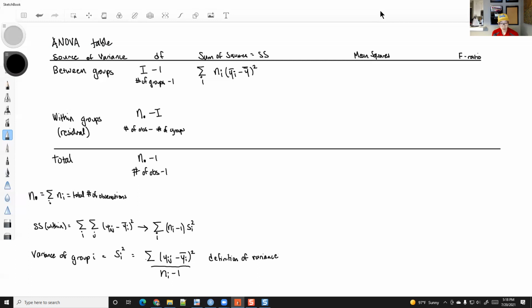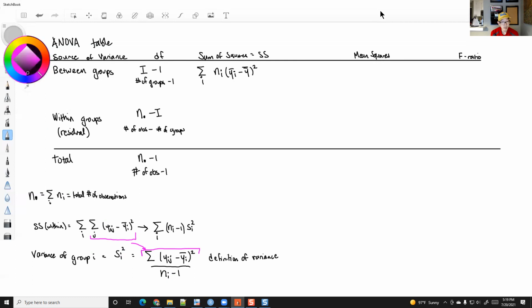And what we're going to say is, well, look at this. This part right here matches this part right here, and therefore I can just replace this entire thing with s sub i squared times n minus 1, right?